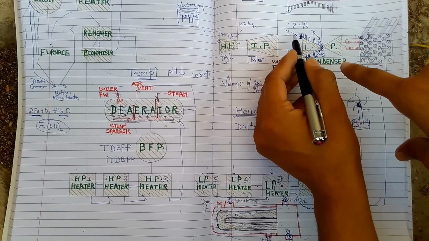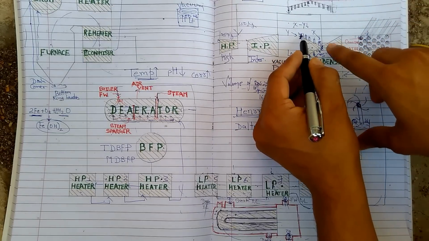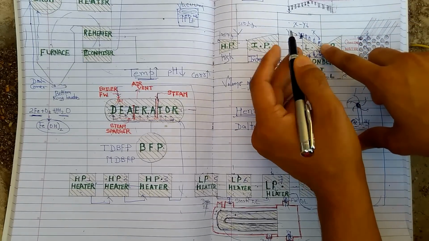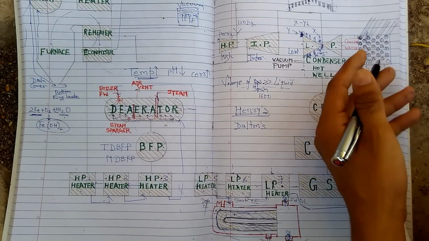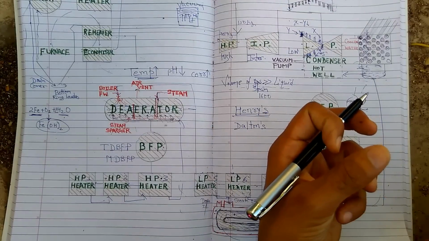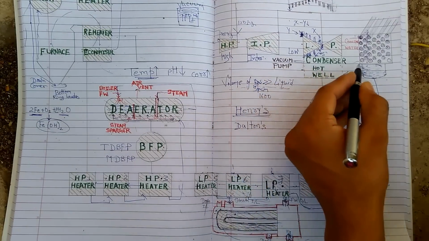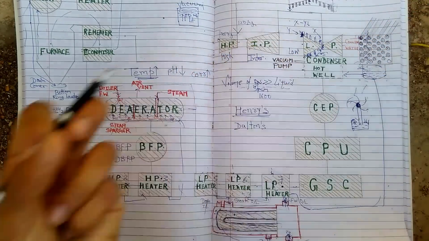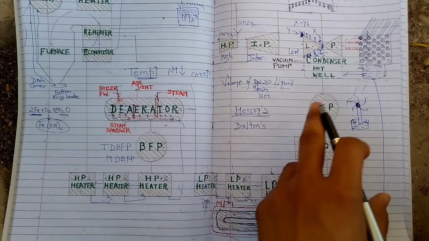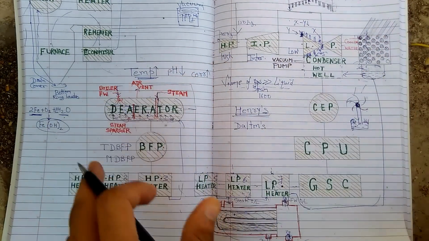Okay, I want y to be less, so that the pressure difference here increases. So what I do to suck out those non-condensable gases is attach a vacuum pump in this upper section. Now what this vacuum pump does is simply suck out those non-condensable gases from this upper section.